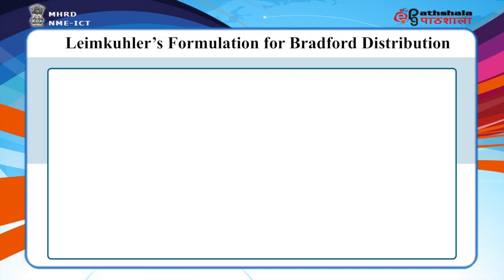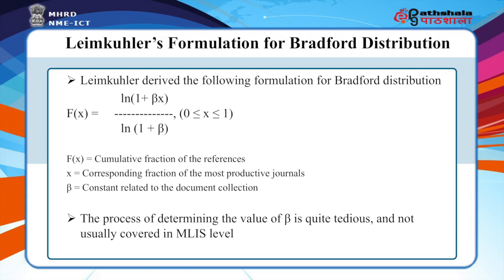Leimkuhler's formulation. Ferdinand F. Leimkuhler, professor of industrial engineering at Purdue University of the United States, analyzed all the published data on Bradford distribution and derived the following equation for Bradford distribution applying statistical techniques.